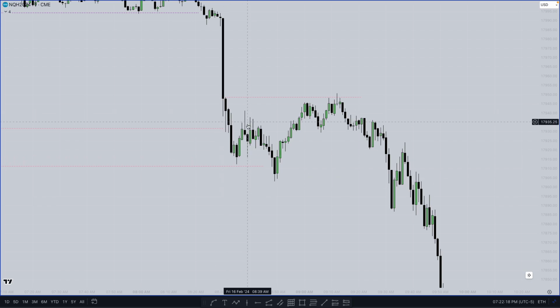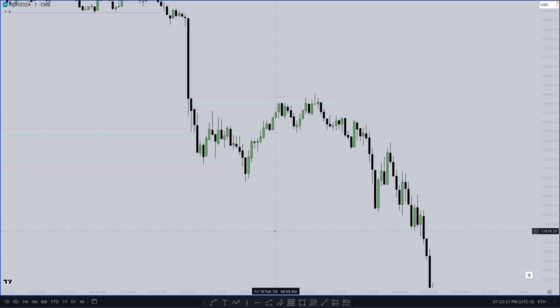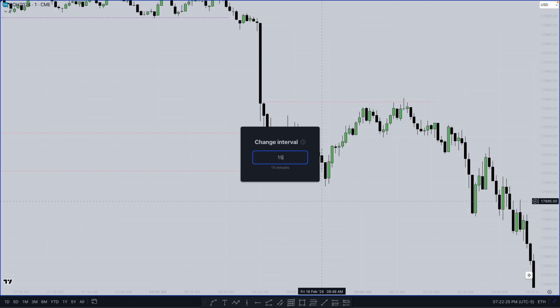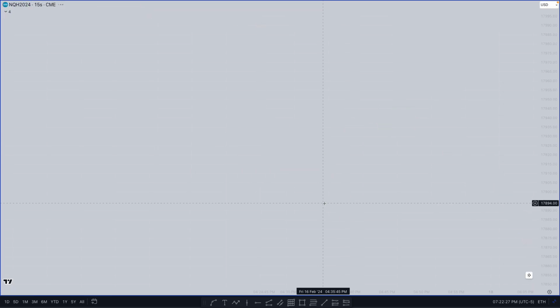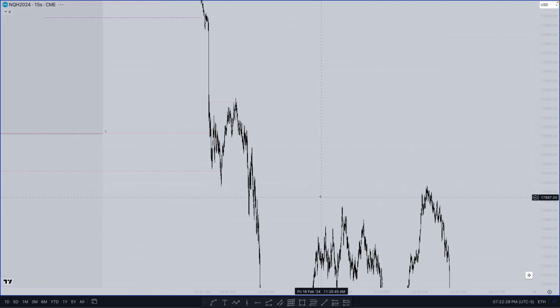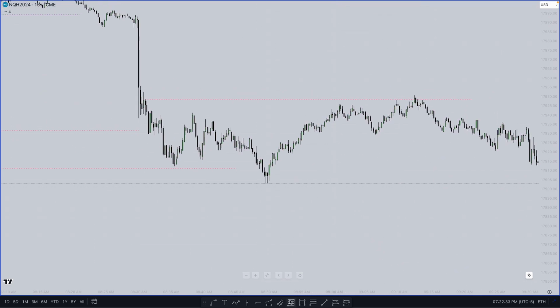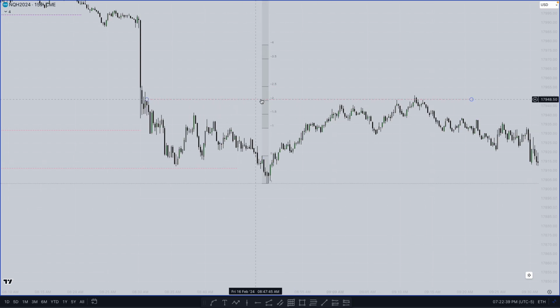Let's see what you get on. I'm curious to see what a 15-second looks like. Ooh, that's hot. The 15-second projection is projecting this area.